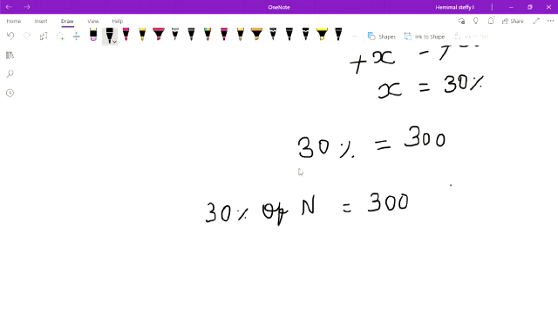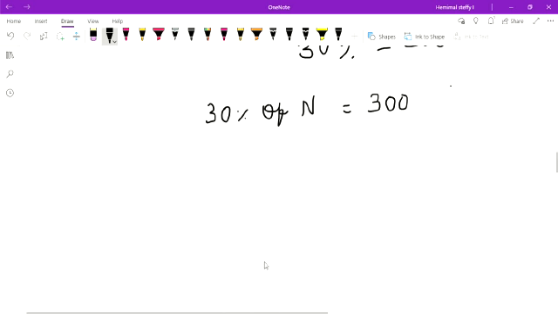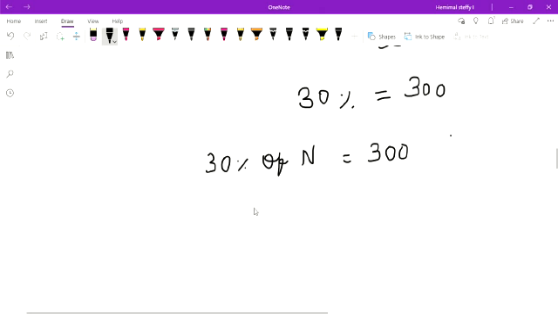So what is the total value for the people who appeared in the examination? How do you find that? First I am going to change the 30%. 30% is equal to 30 by 100. Of means multiply. Of means multiply. So 30 by 100 times n equal to 300.